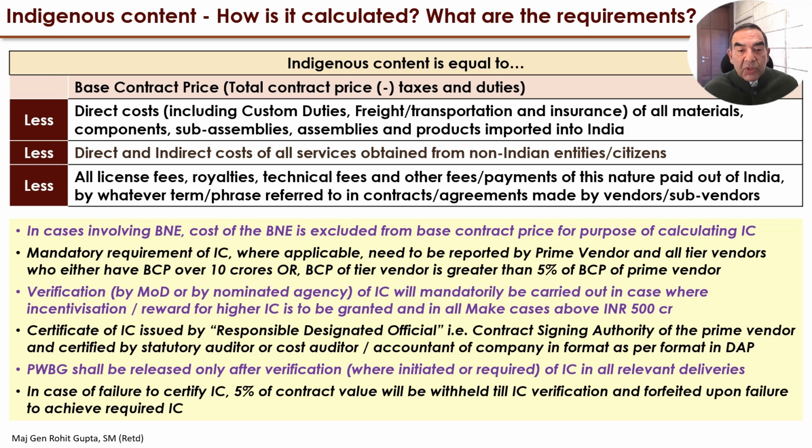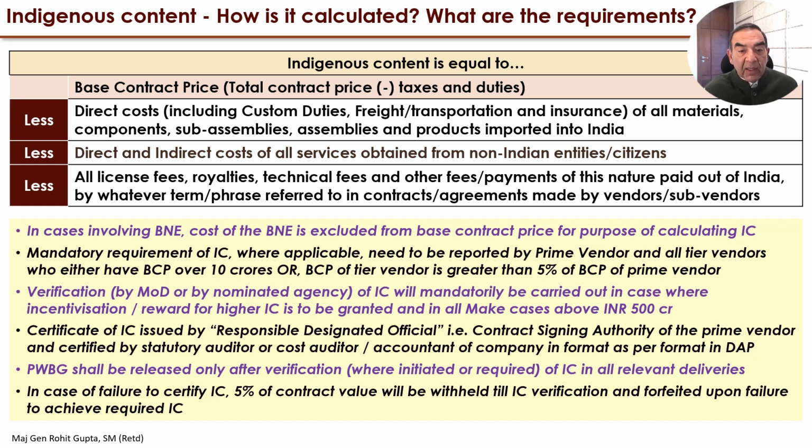The PWBG, performance warranty bank guarantee, shall be released only after this verification is completed, where initiated or required, in all indigenous content cases. Otherwise, this bank guarantee shall not be given back to the vendor.